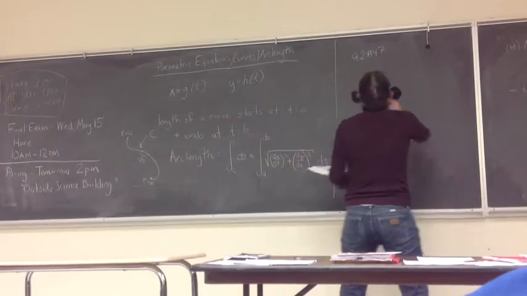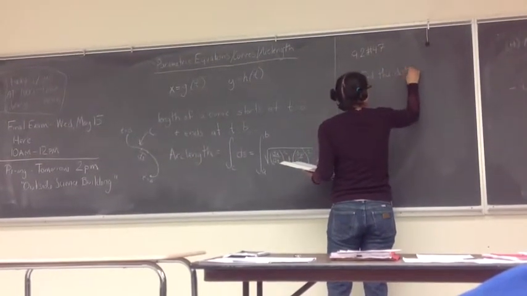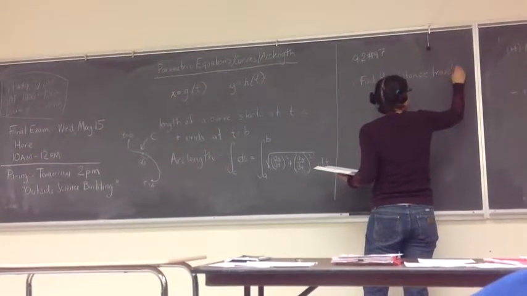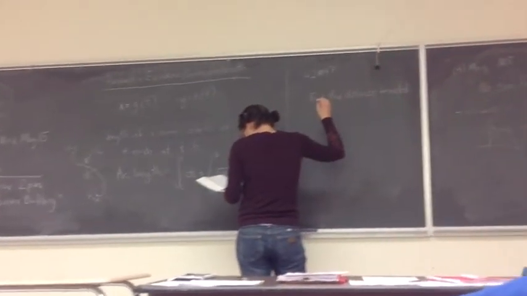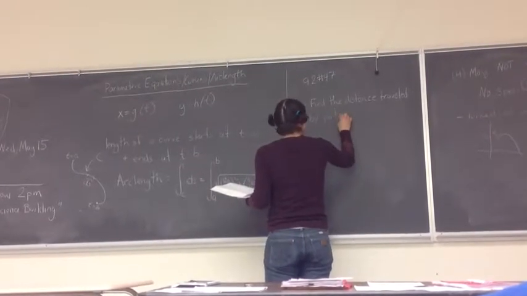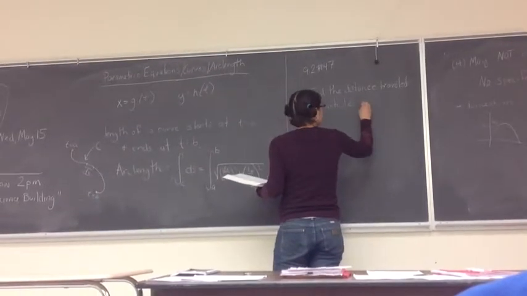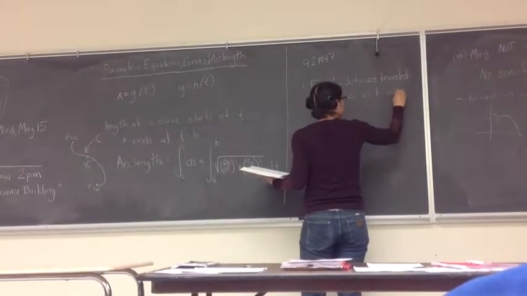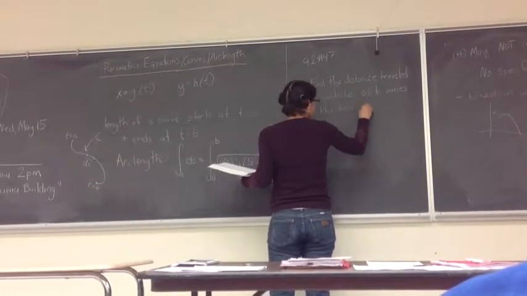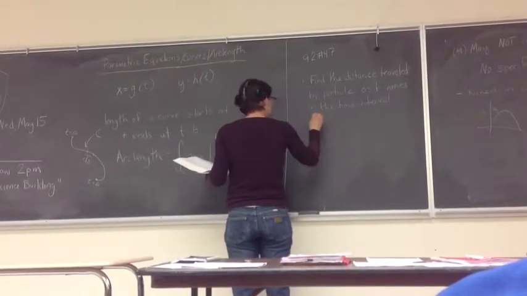So find the distance traveled by the particle as t varies in the time interval. And then it asks us to compare with the length of the curve.